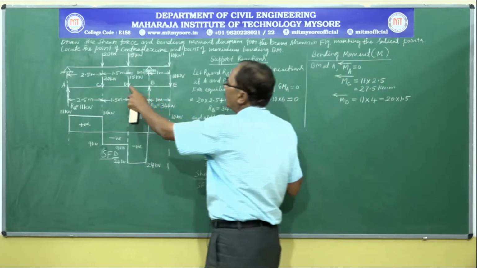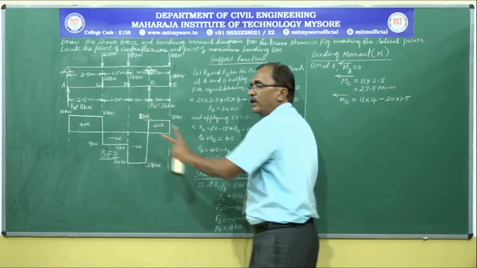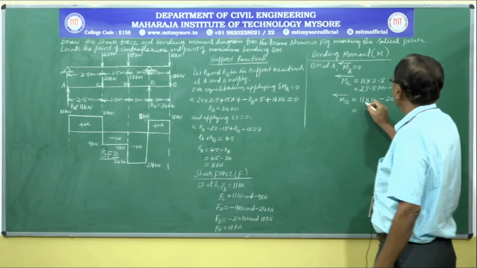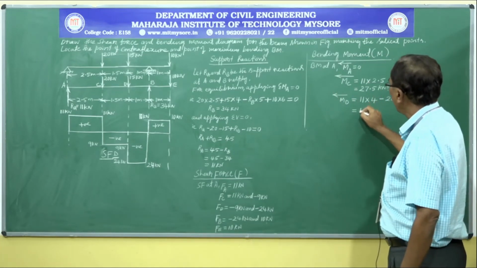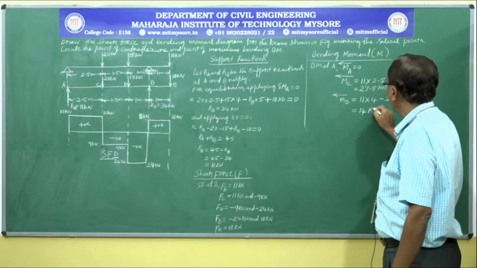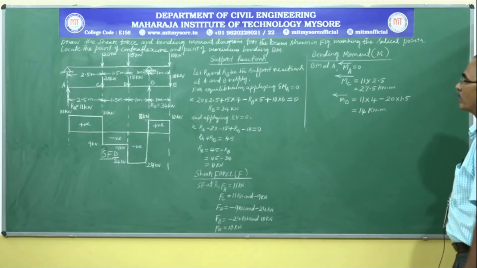Again, this 15 kilonewton will not create any moment about point D, and that is why we are not writing that and we are not considering it here. Solving this, we will get 14 kilonewton meter.